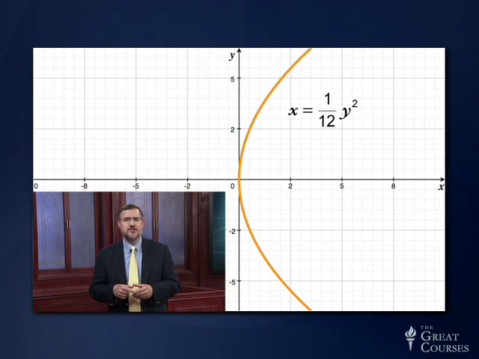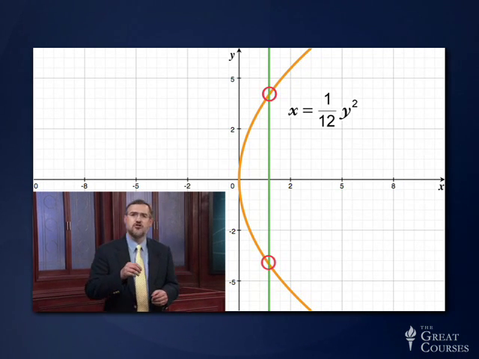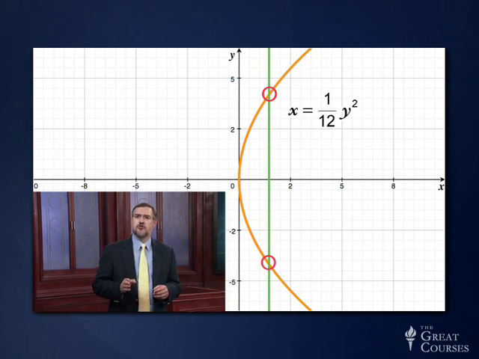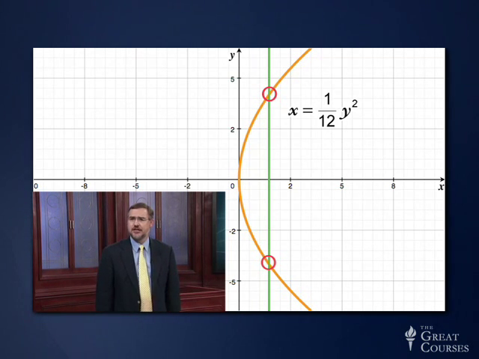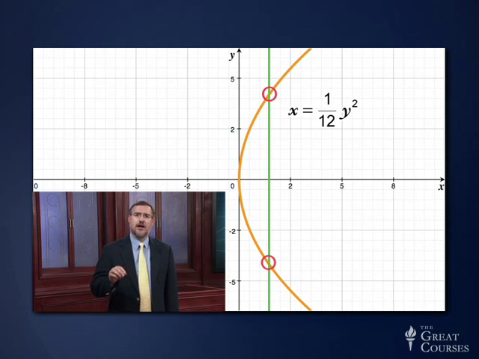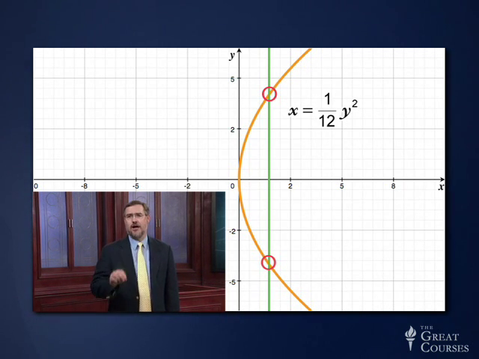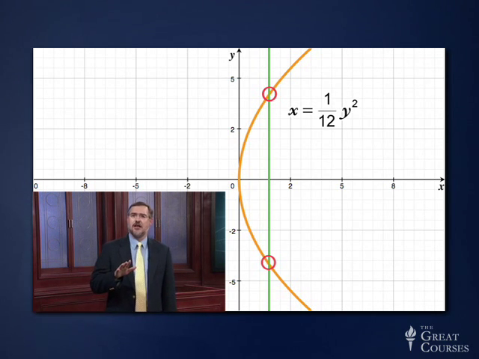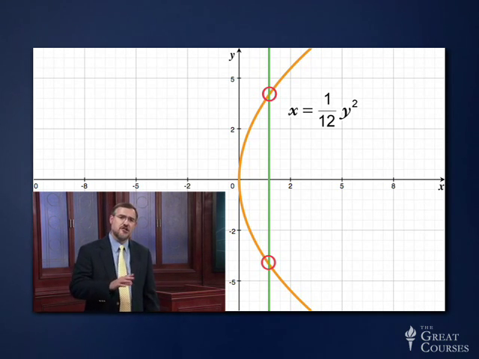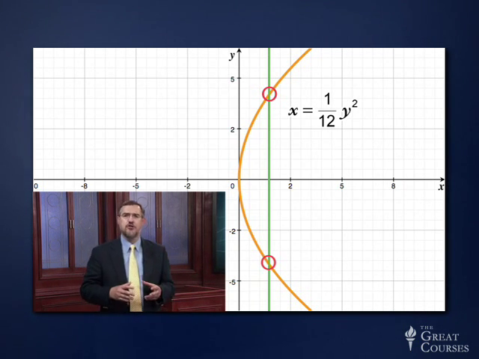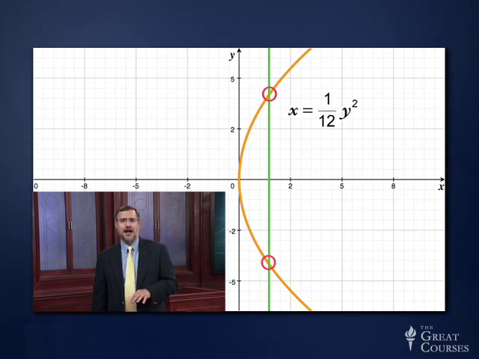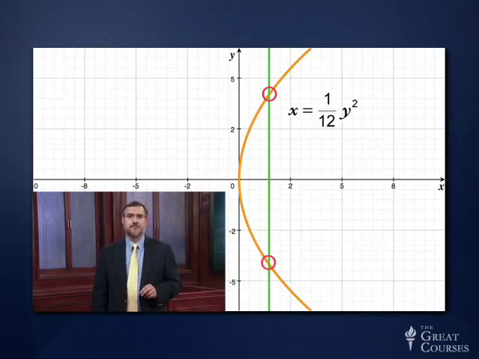Remember, the vertical line test says that if you can draw a vertical line over a graph and it crosses that graph at least twice, then that graph cannot be the graph of a function. So we will not spend a lot of time on parabolas sitting on their sides, because those parabolas are not the graphs of functions.